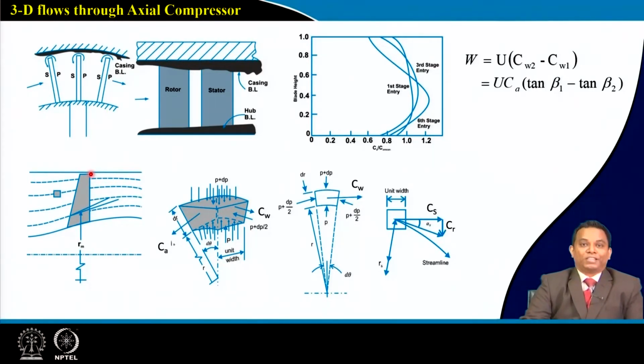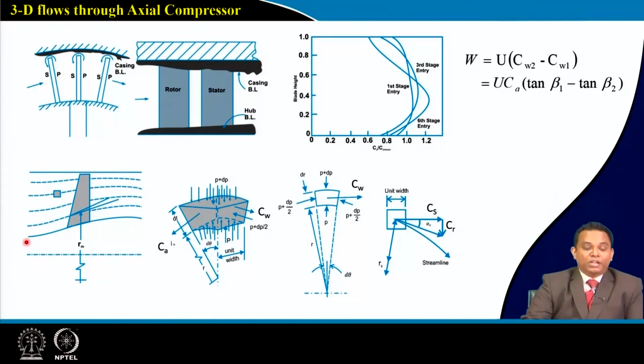Now what all we have assumed up till now, we have done two-dimensional analysis, and for those analyses we assumed our flow is moving parallel to my casing and parallel to my hub. But in an actual scenario, my upper streamlines will try to follow the path given by my casing.